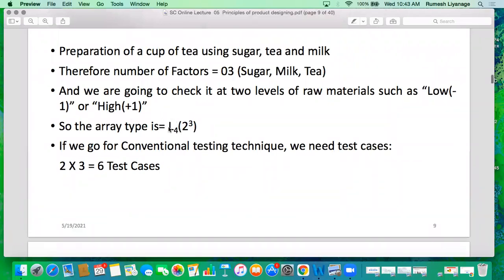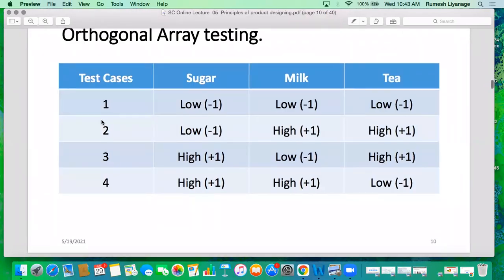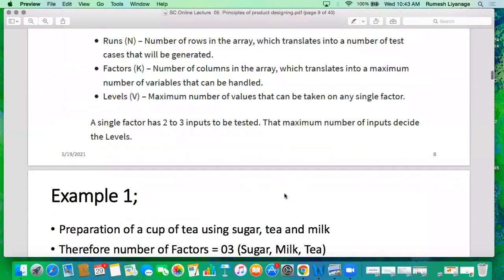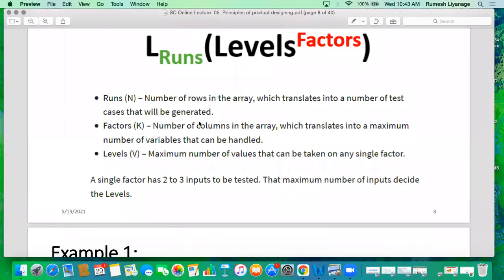It's actually an L4 design. Here you can see 4, which means the number of rows. As I explained, the number of runs means the number of rows. Sorry, number of columns? No: levels means levels, and runs means the number of rows.